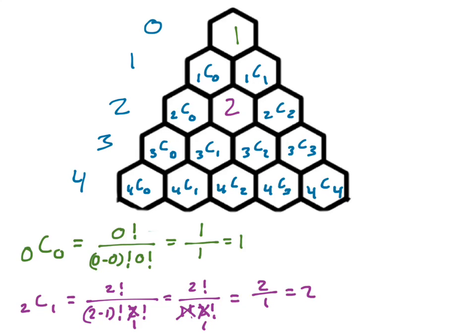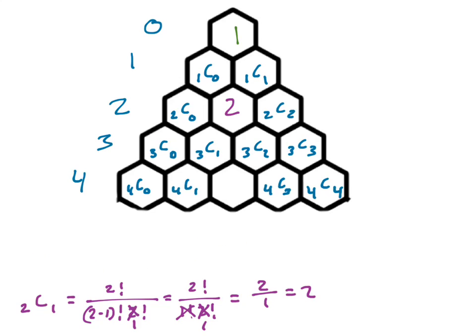And then I'll do one more with you. We'll do this one right here. Let me make some space. I'll color that one green. What was it? 4 choose 2? And so we have 4 factorial on the top. Underneath, 4 minus 2 factorial, and then 2 factorial.